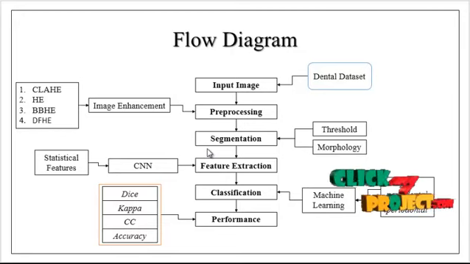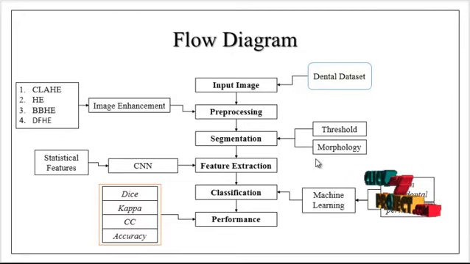In this segmentation, first of all, we apply the thresholding method for initial segmentation. After getting the initial segmentation, the image is converted into a binary format, which means the background will be zeros and the foreground will be ones. After that, the morphological operation is applied to fine-tune the image so that the affected portions are extracted and the background is eliminated.